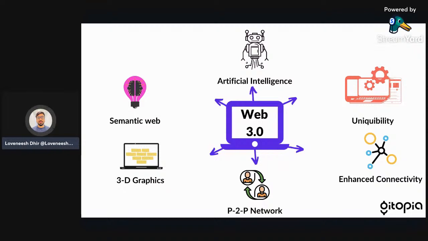So it is a term coined by the founder of World Wide Web. So it hints at the idea that the new era of internet will be more autonomous, intelligent, and open.